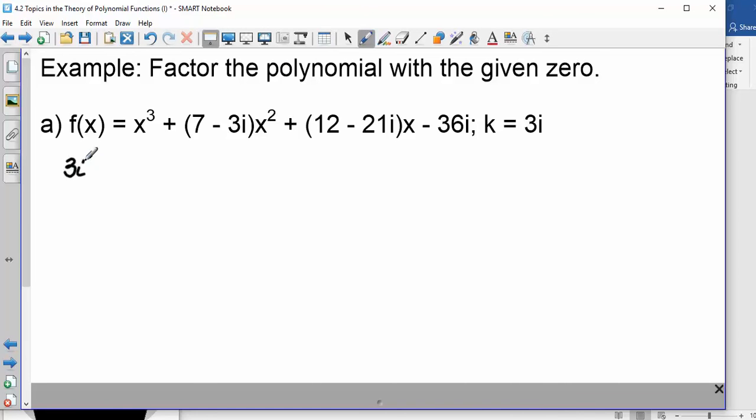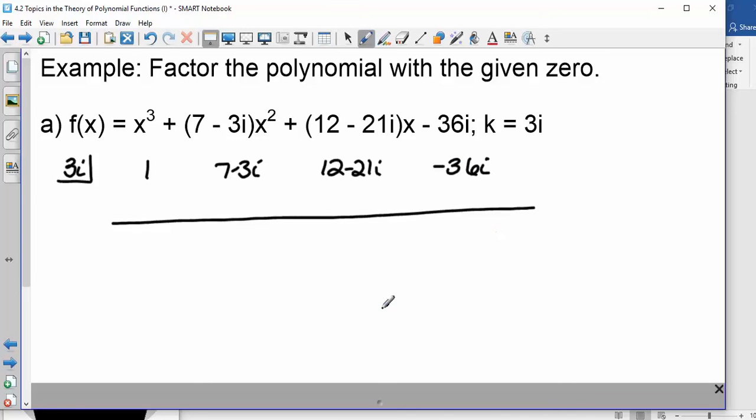Okay. Your coefficients. We have a 1 in front of the x cubed. We have 7 minus 3i in front of the x squared. 12 minus 21i in front of the x. And 36i for the constant. That turned out really pretty.